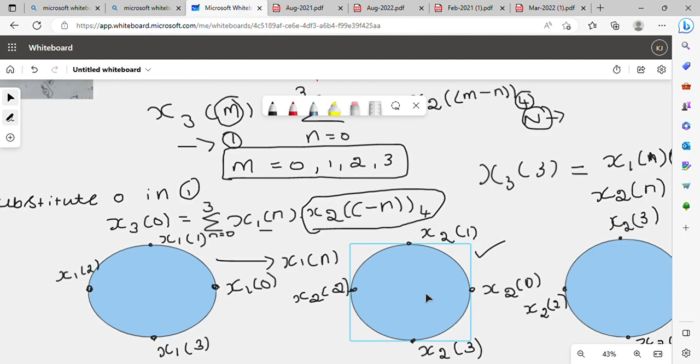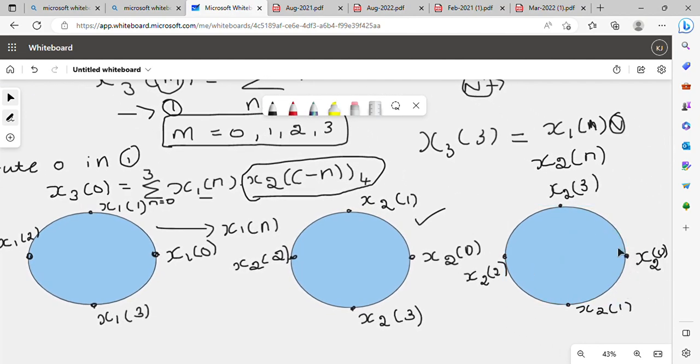But now what is going to happen is, I haven't got x2 of n here. What I have got is x2 of minus n. So for x2 of minus n, what do I have to do? I have to plot x2 of n across the circle in the clockwise direction. So that is what I did over here. I plotted the x2 of n across the circle in the clockwise direction. So I need to consider this and this now. This one is not required.